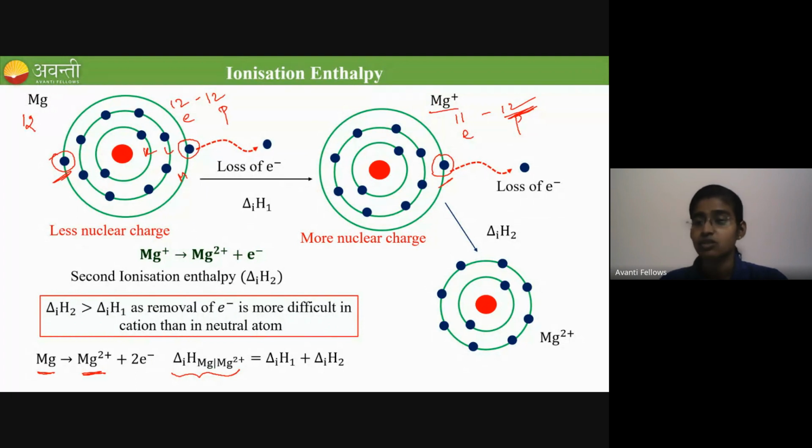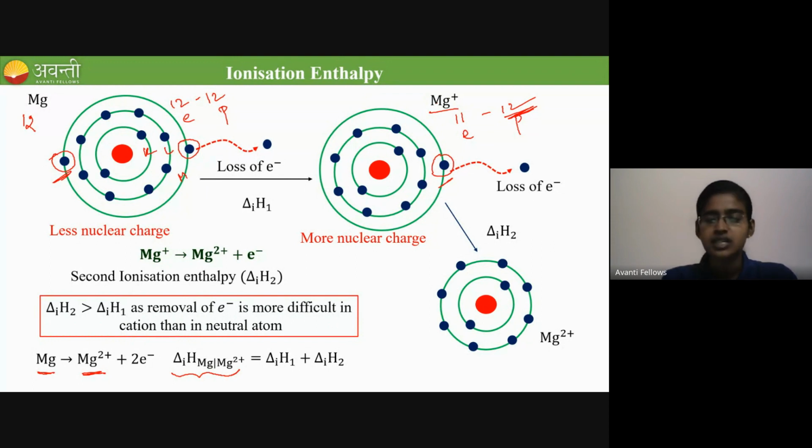It decreases. It will not increase across the period. Across the period it decreases. I have asked for size, atomic radius. So it decreases across the period and increases on moving down the group.